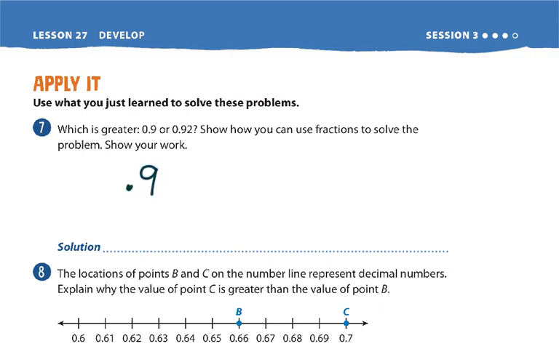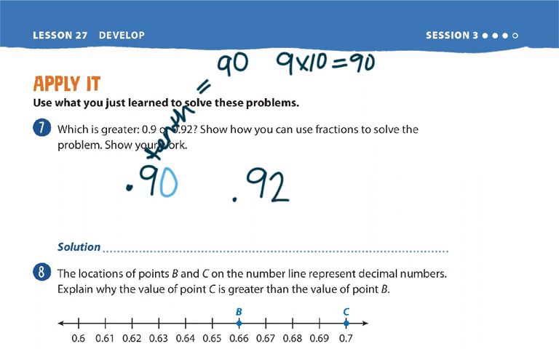Decimal. Can you see that there's just a 0 sitting there they didn't draw in for you? So it's still 9/10. That's still 9/10, which is equivalent to 90 because 9 times 10 is 90.